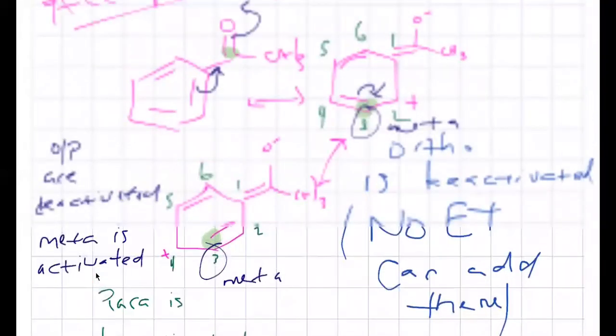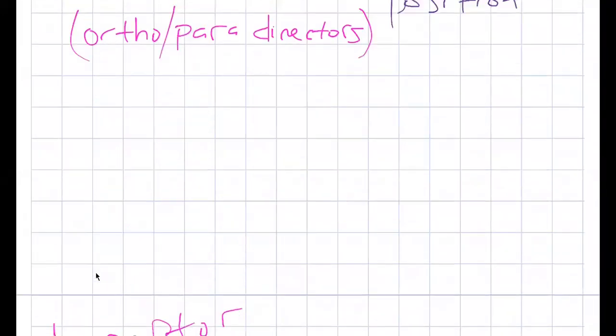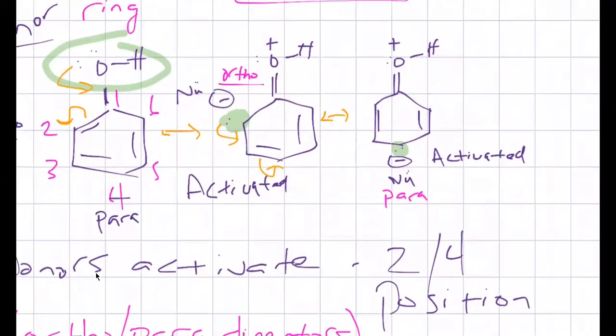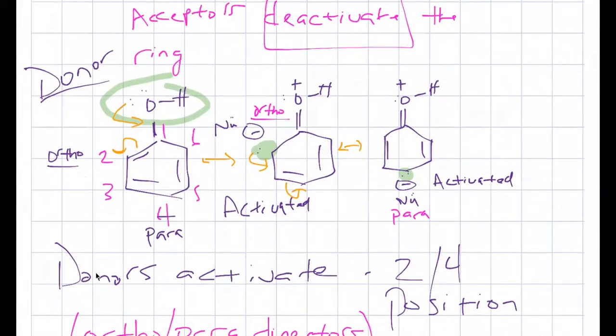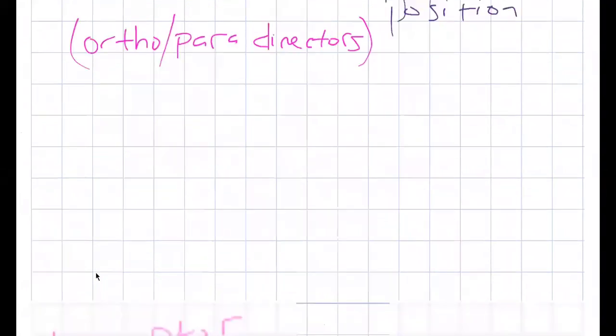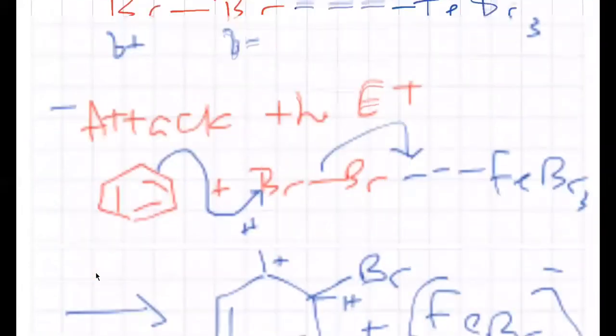We can go back to what we talked about on Friday. Actually right here, right? So with a donor on the ring, it's the ortho site, which is right here, and the para site, which is right here, that get activated. So anytime I have a donor on the ring, when I add an electrophile to that ring, that electrophile is going to go either to the ortho or para site. So when you have a donor, you get two products.